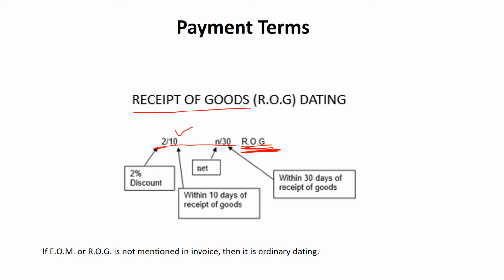So a 2% cash discount if the payment is made within 10 days of receipt of goods, and the net amount if it is made within 30 days of the date of receipt of goods. If nothing is mentioned, like EOM or ROG is not mentioned in the invoice, that means it is ordinary dating.